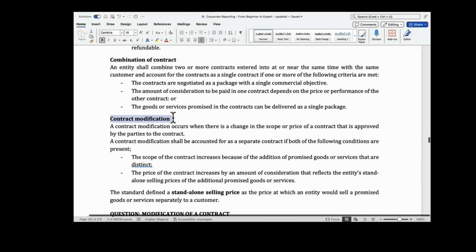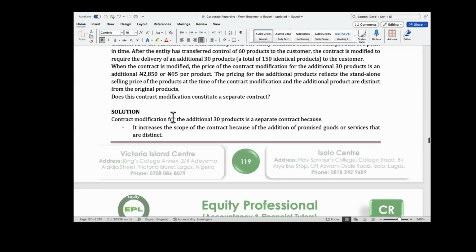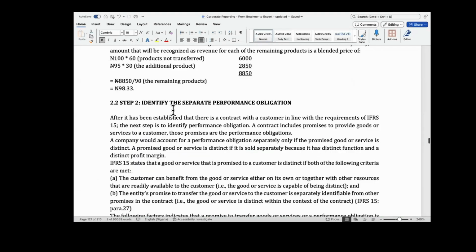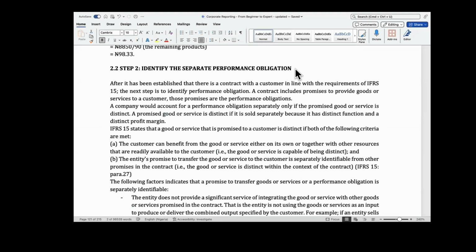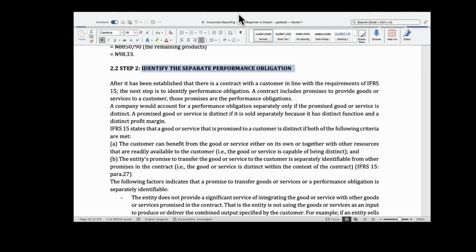Now, step 2: identify the separate performance obligation. After we have identified a contract, and we see that a contract exists, the next step is to identify whether a performance obligation exists.